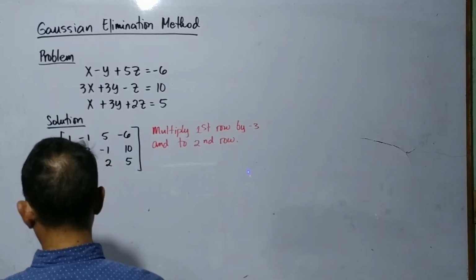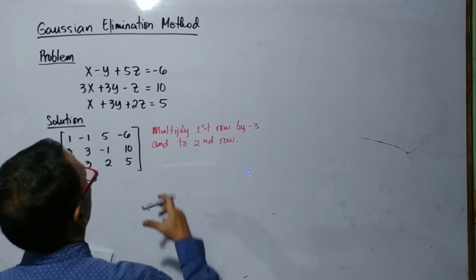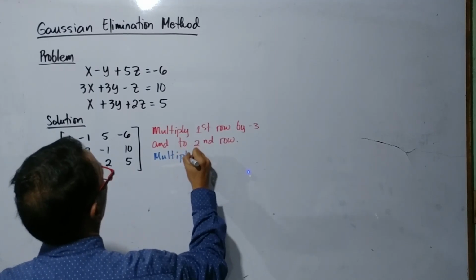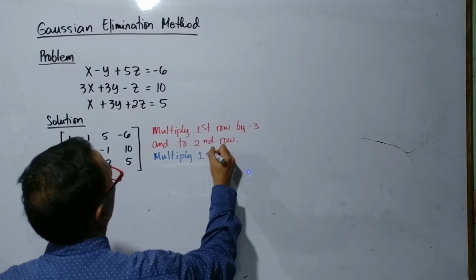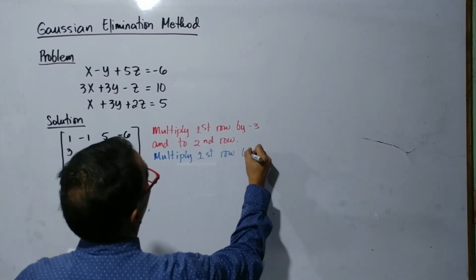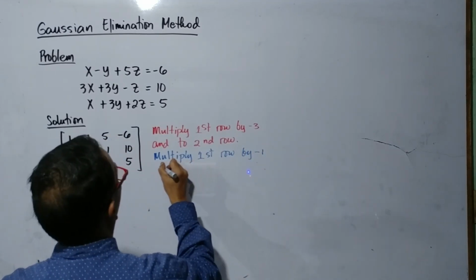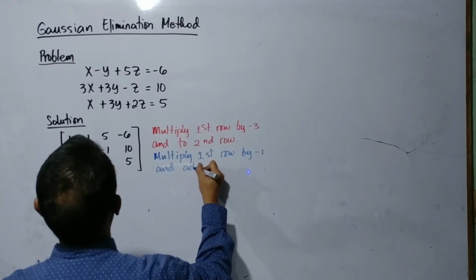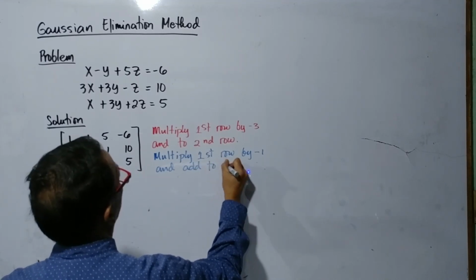The next one is multiply the first row by negative 1 and add to third row.